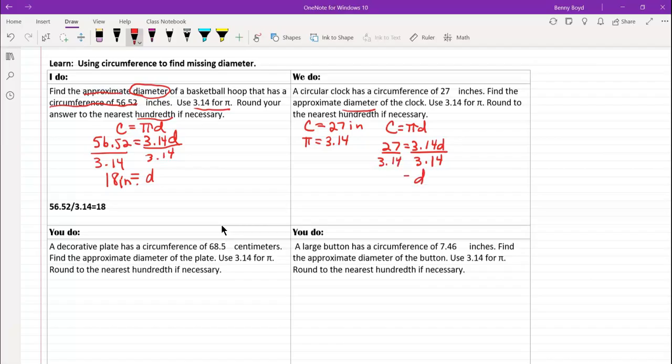So D equals 27 divided by 3.14, which is 8.5987.